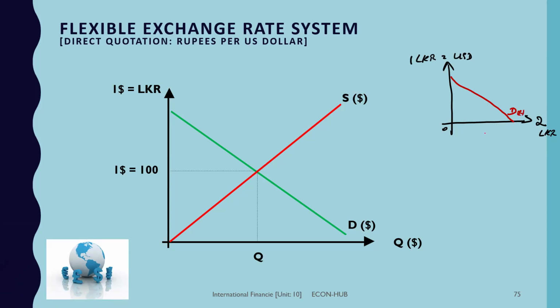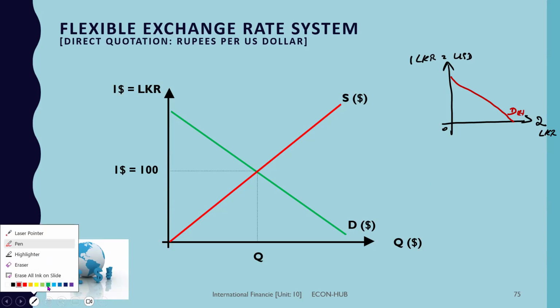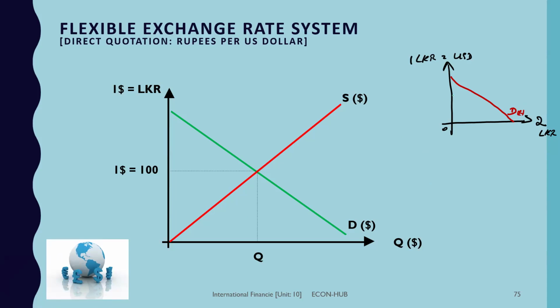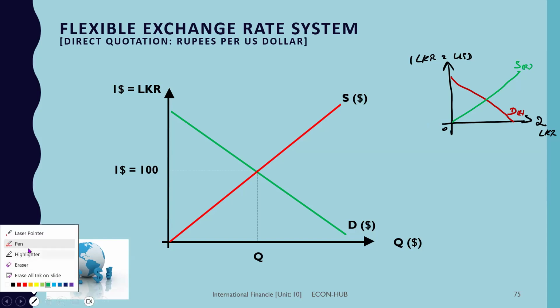Is that clear? Then dollar demand creates a supply of rupees. Here, the green color dollar demand curve creates a supply of rupees. Rupee supply. And that is how we decide the exchange rate in the other method.